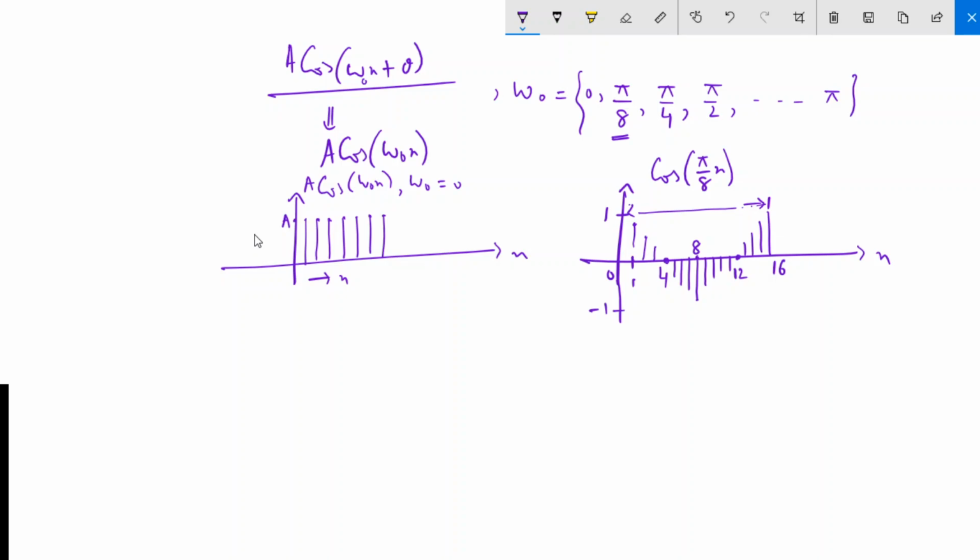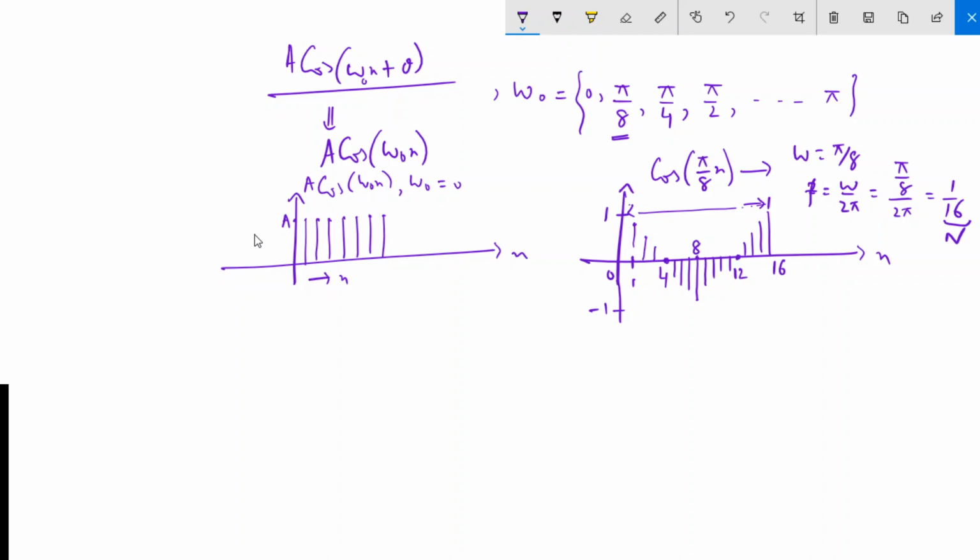If you compute its time period, omega is pi by 8. So f, which is omega by 2 pi, will be pi by 8 upon 2 pi. You will get 1 by 16. So it is a ratio of two integers, and the denominator is your time period n. Now if you further increase the frequency from pi by 8 to pi by 4, your time period will become 8.